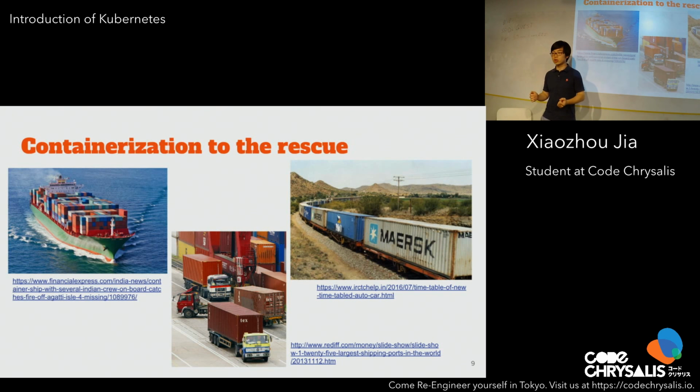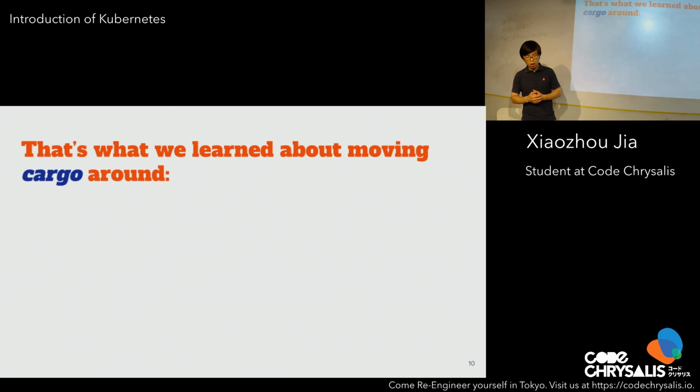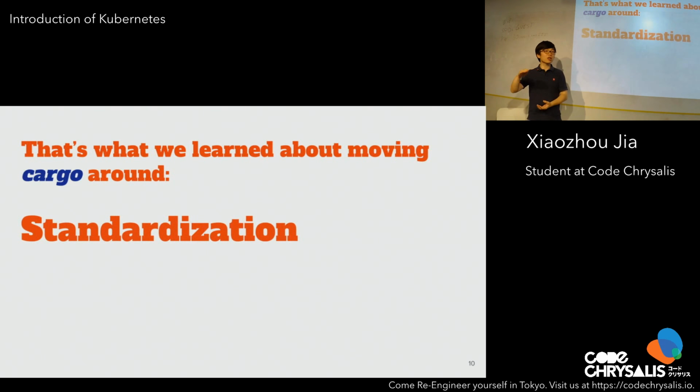That's what we all know today. So enough about this one. I would say that's what we learned from how we move things around, especially cross-continent, which is standardization. So we decided to define a fixed set of containers to help us deal with this problem.